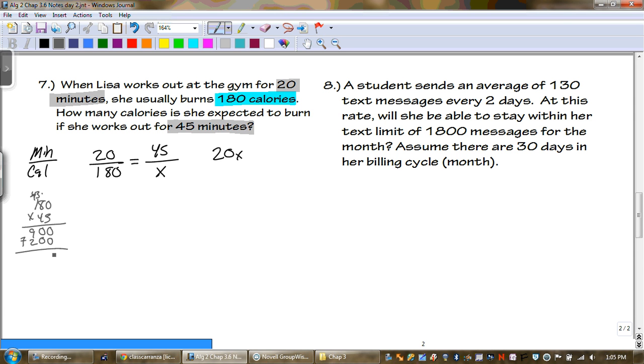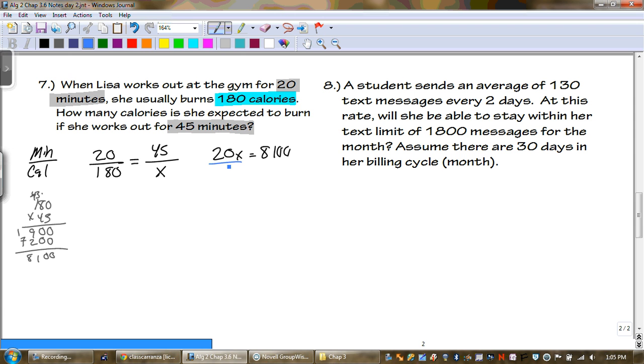When you add those up, we get 8,100. So 20x equals 8,100.